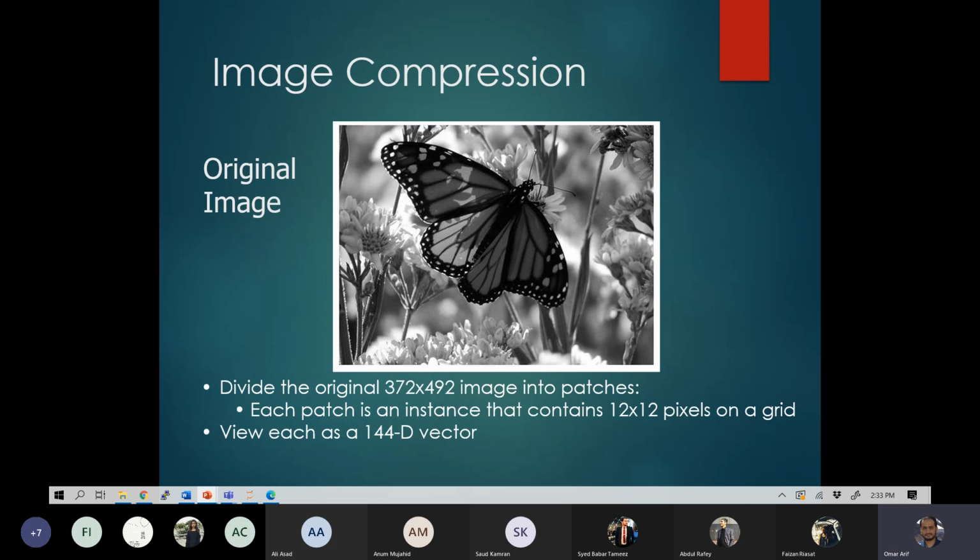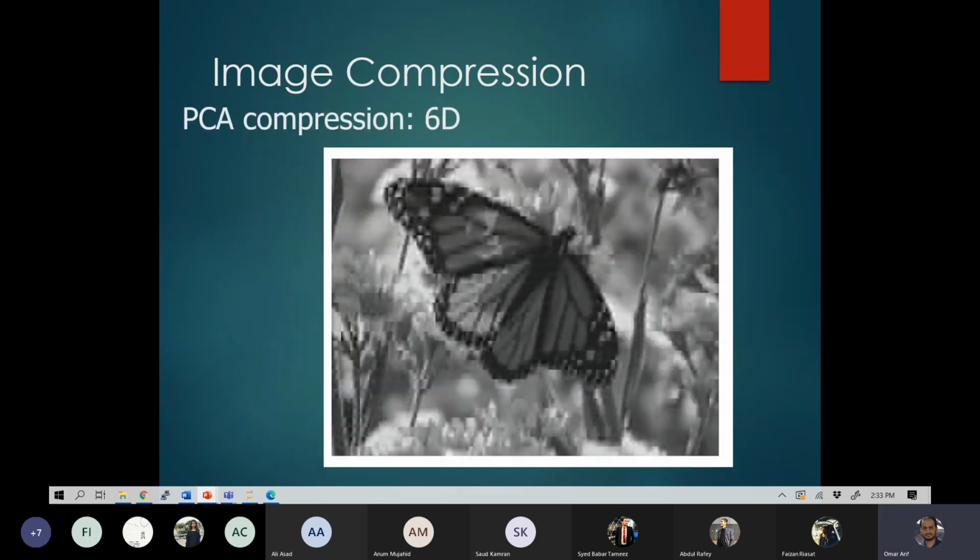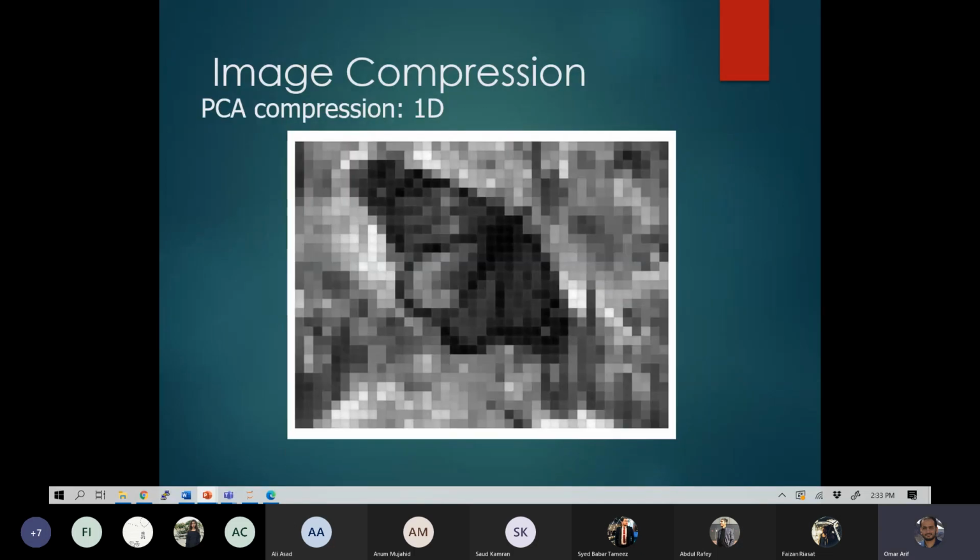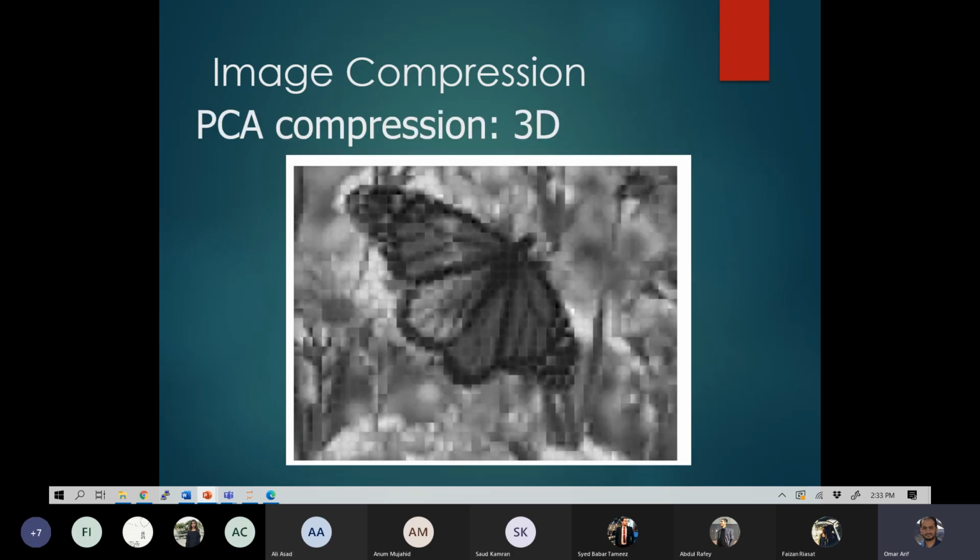Using PCA, when you send the first principal component, this is the first image you are going to see. Okay, you see the difference, that immediately you will somehow know that maybe this is a butterfly or maybe something similar, and by the time you have sent 3 principal components, this is the image you are going to get.